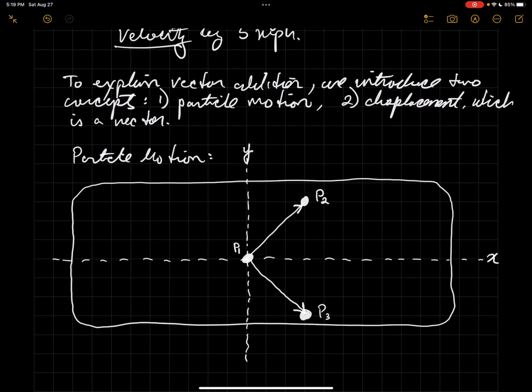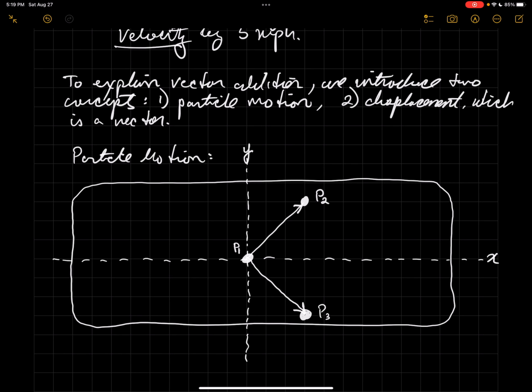In other words, the ball takes a different direction if it goes from point 1 to point 2 than if it goes from point 1 to point 3, even though the actual distance that the ball travels, the length of that travel, if you will, is the same. The direction is different, and of course you can see that because point 2 and point 3 are necessarily different from each other.